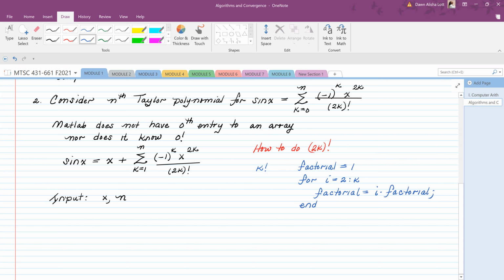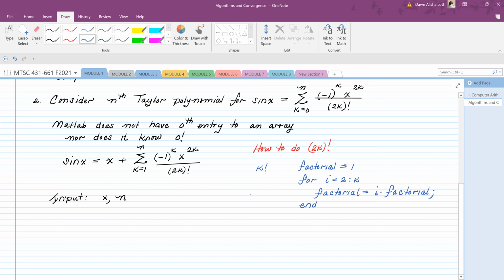All right, so how do you walk the algorithm? You walk the algorithm because we would say if k, we want to start off with factorial equal to 1. So basically, if it's 1 factorial, that's all we get. But 2 factorial, i would be 2, and then it would be 1 times 2, and then that would be 2 factorial.